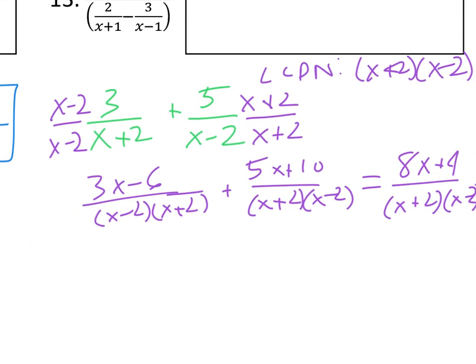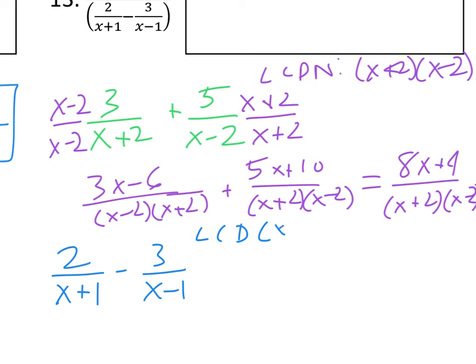And so when we go back and look at the denominator, so the 2 over x plus 1 minus the 3 over x minus 1. So again, that minus, you got to make sure you keep that in mind. LCD here, x plus 1, x minus 1. So we multiply each piece by what it's missing. And then an x plus 1 here.